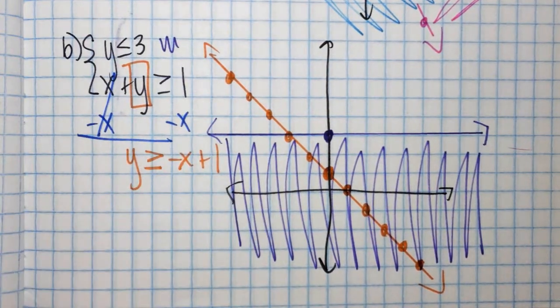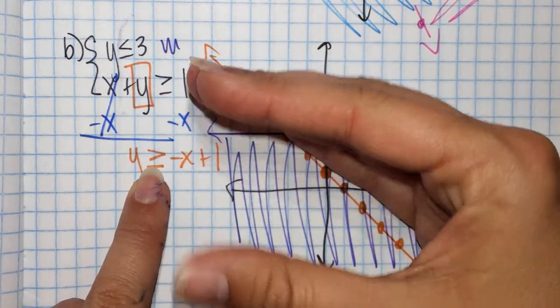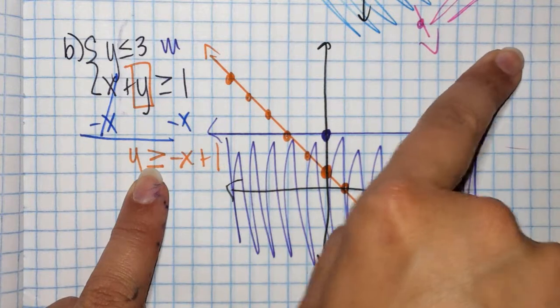Do I shade above or below? Well, I'm going to say self, this is greater than, because it looks like my right hand. So that means that I'm going to go this way.